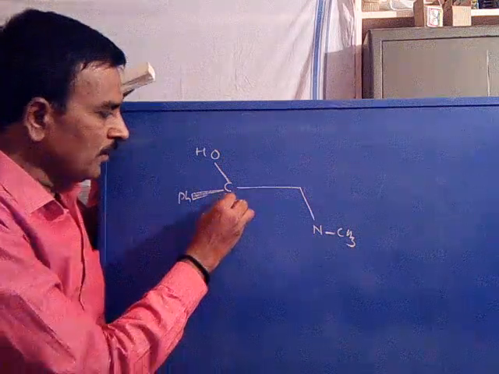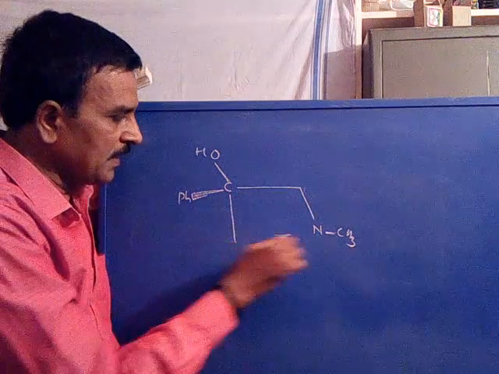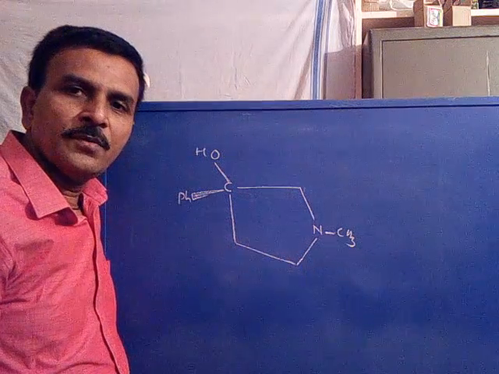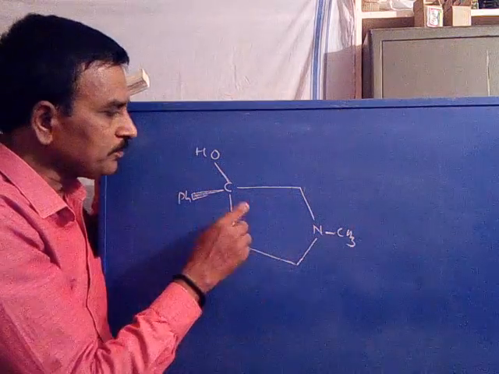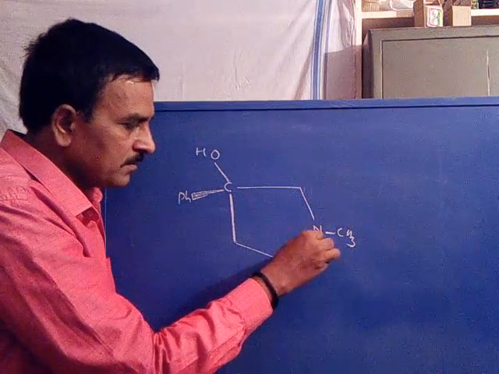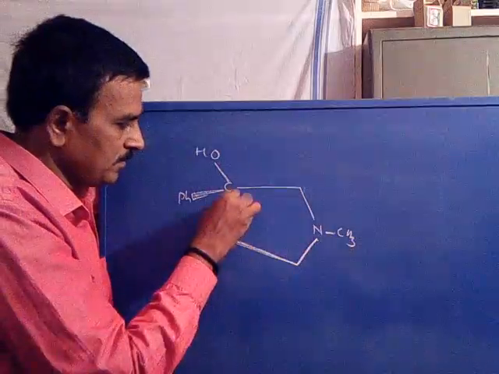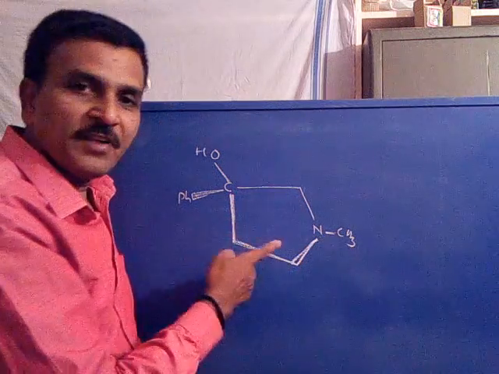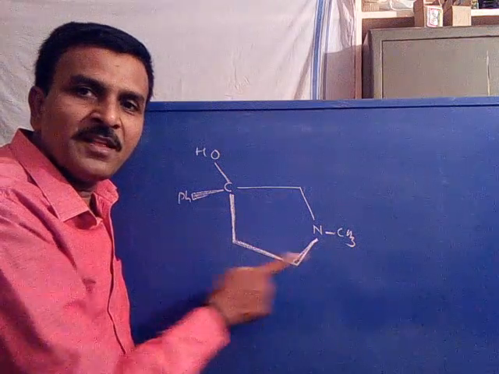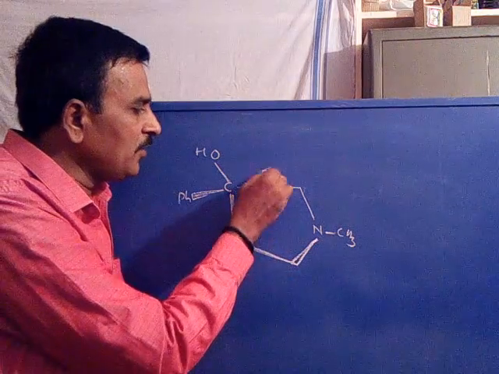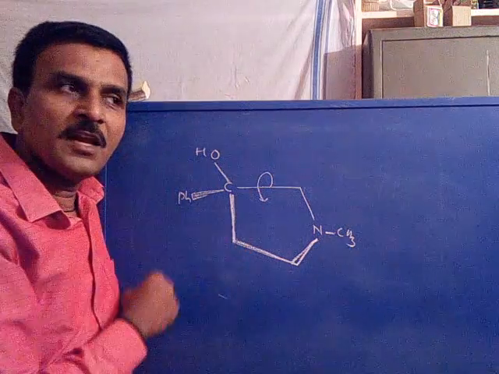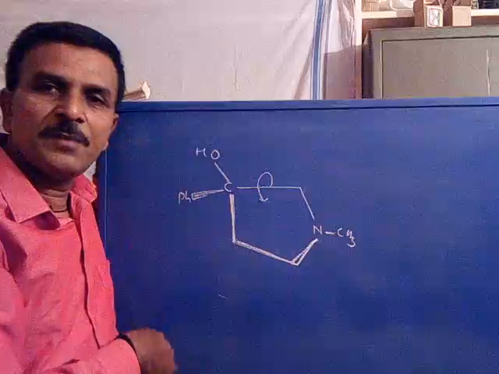Now when we add a certain group like this, see what happens. Before, this is the rigidification; this is the rigidified one. Before this rigidification, there is a free rotation of the C-C single bond. With free rotation of the C-C single bond, it may change its conformation.